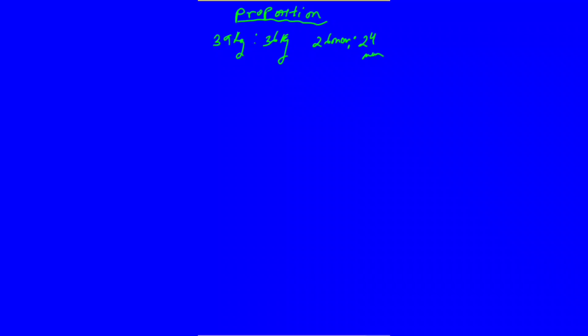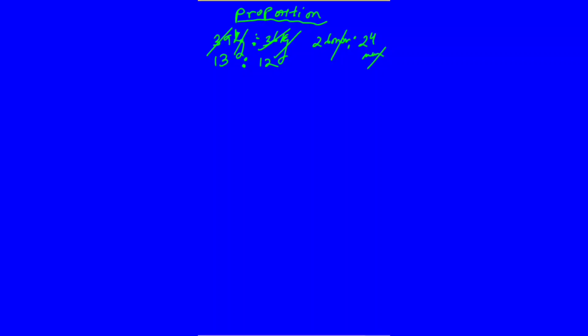Let's see the ratio first. Now here the first one, ratio of kg, I can cancel it. If I cancel 39 by 3, I get 13. If I cancel 36 by 3, I get 12. So the ratio I get is 13 is to 12. What about the other one? Men and men I cancel.